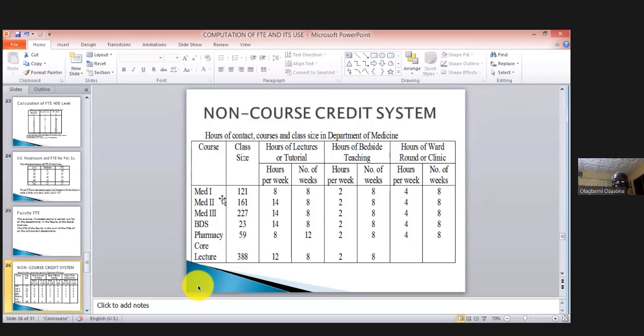Let's take, for instance, a Department of Medicine. They have the courses as stated on this slide. Let's take one of the courses, Med 1. The class size, they have 121 students. They teach them for 8 hours for 8 weeks.